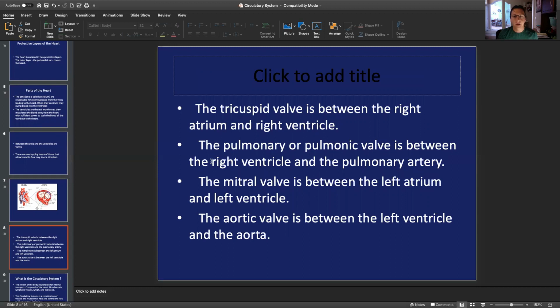All right, so here we talk a little bit about the specific kinds of valves. You may see a little bit of this in your book, but I won't get too technical, but we do want to take note. The tricuspid valve, between the right atrium and the right ventricle, the pulmonary or pulmonic valve, the mitral valve, and the aortic valve.